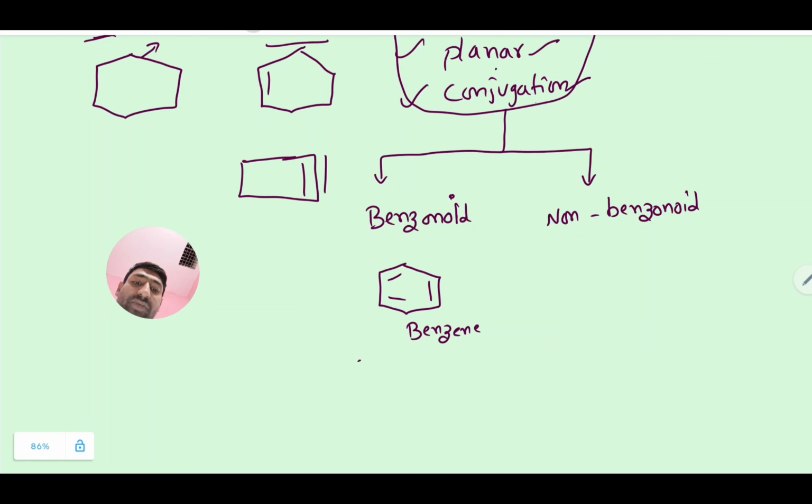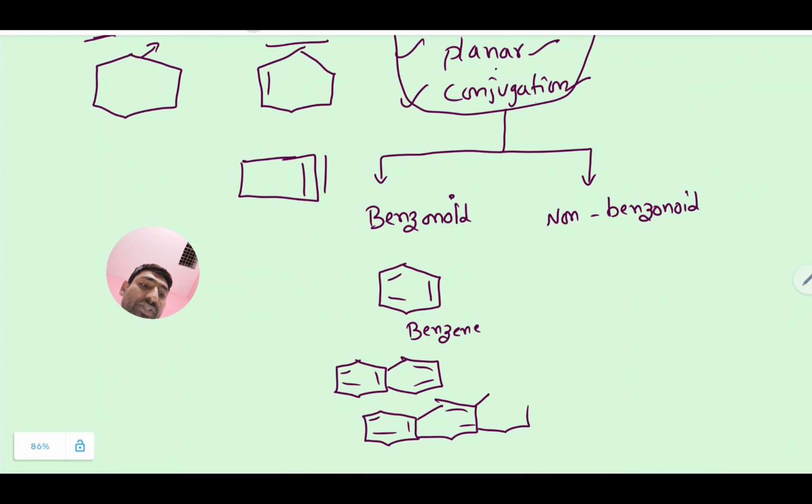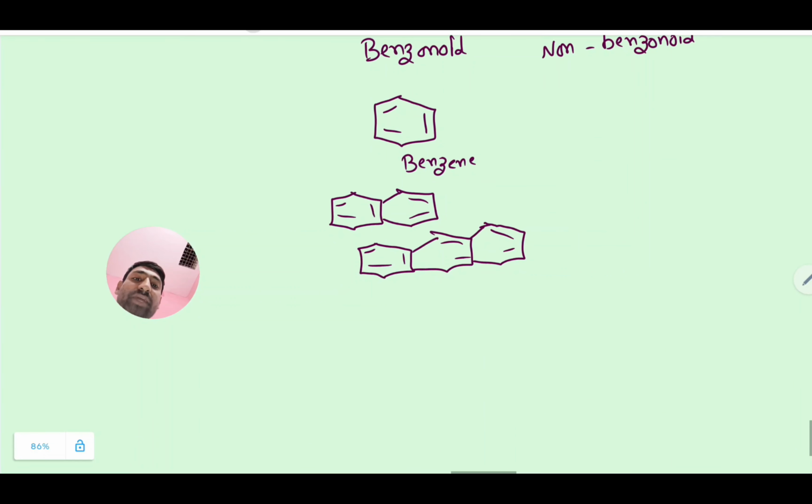Compounds with benzene-like rings are called aromatic benzenoid compounds. For example, this one is benzene, this one is naphthalene, this one is anthracene.